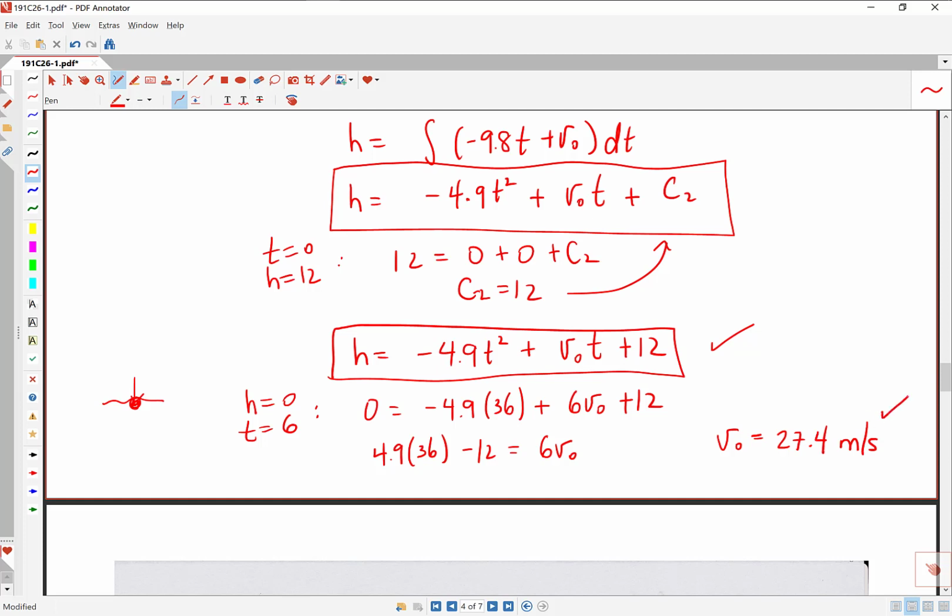And I'll just put a check mark here to show that's the second half of our answer. So our answer really involved two things. One was finding this formula for the height, done. And second was, once we had that, to figure out what our actual initial velocity was, 27.4 meters per second. So the next problem we're going to do will involve displacement in the horizontal direction.